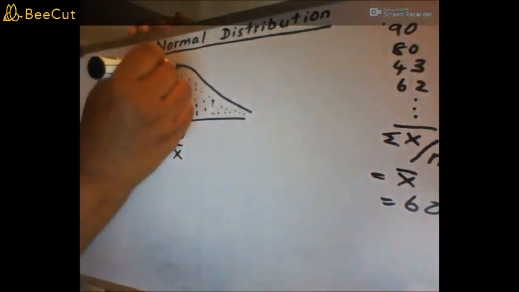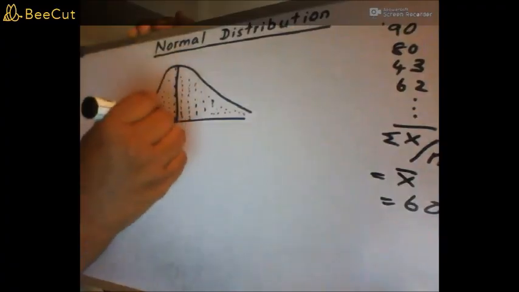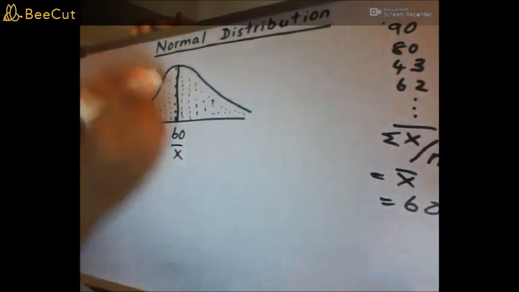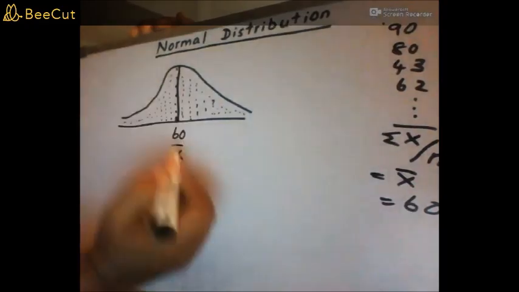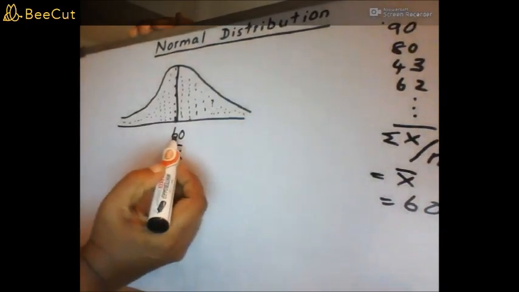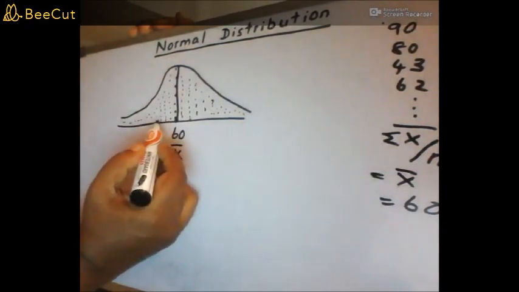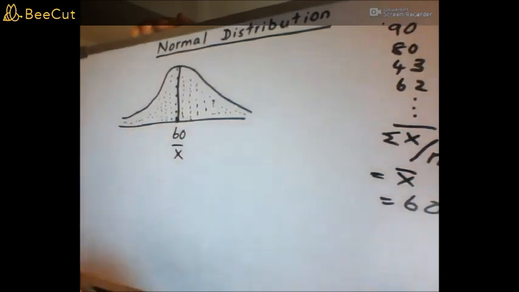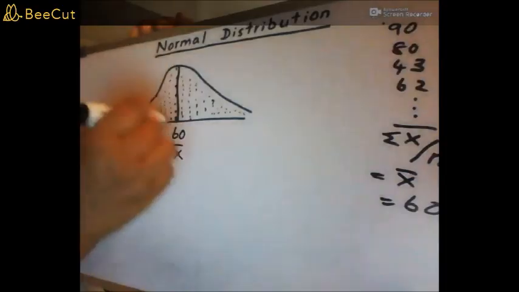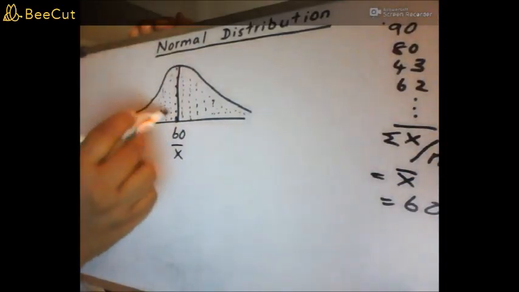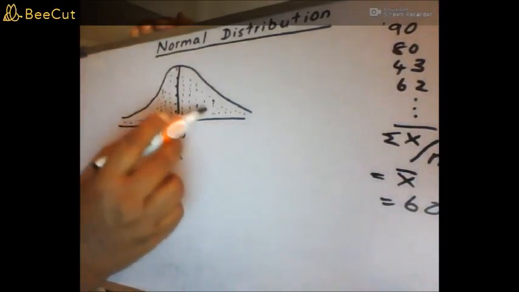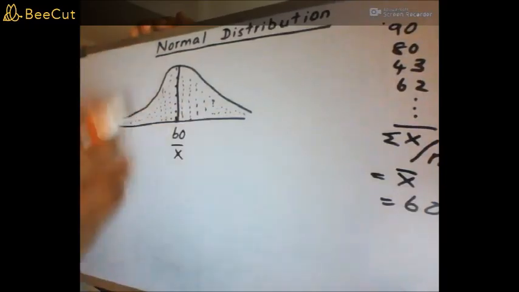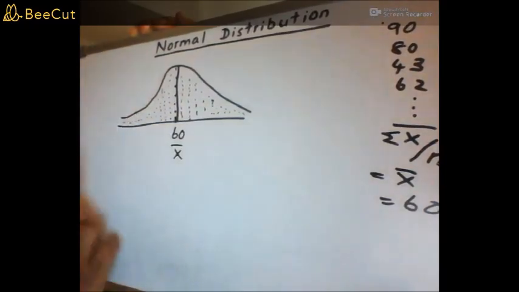The majority of students are getting the average or around the average. If it is 50, then 49, 48, 47, then 51, 52, 53, like that. Majority are around the average. A few students will be with high marks and a few students with low marks.